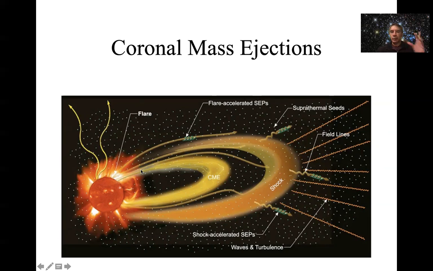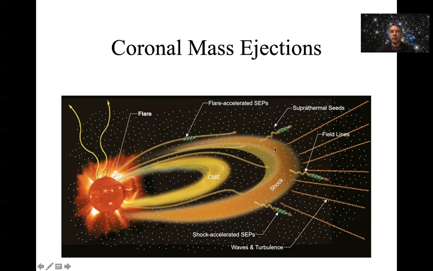Again, this is all a result of that magnetic tension being released during the reconnection event, and so these loops are then heading out into interplanetary space, which is also full of plasma, and so you get a shockwave set up, and this can lead to acceleration of charged particles.